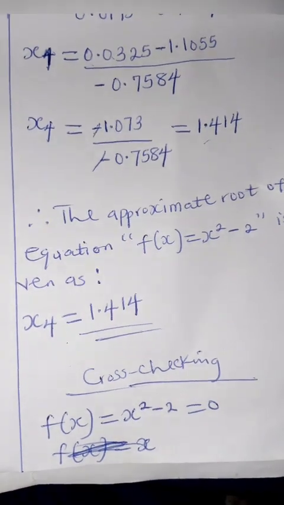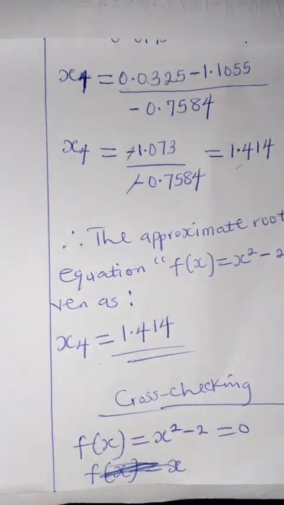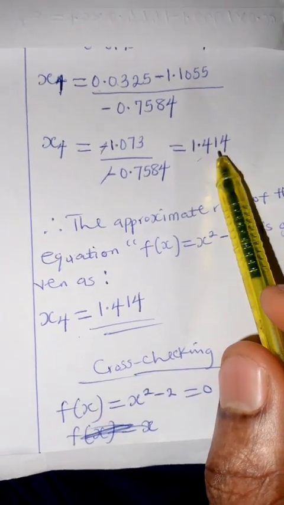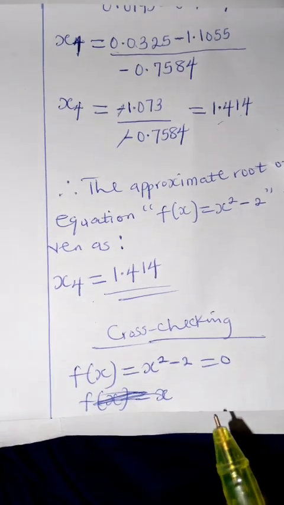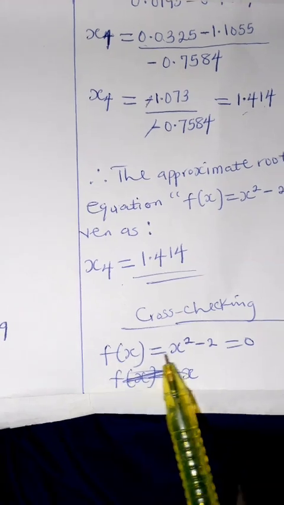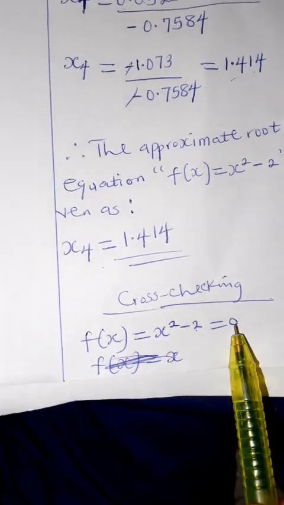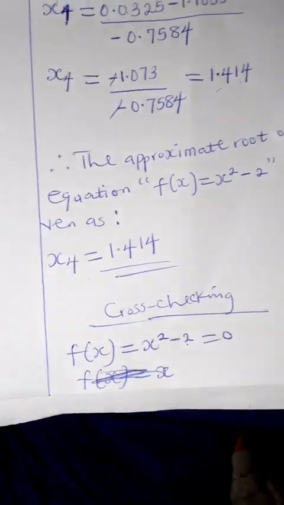How do we know this is our answer? We cross-check using the given formula. This was the equation given to us. So we equate it to 0, such that x squared minus 2 will be equal to 0.